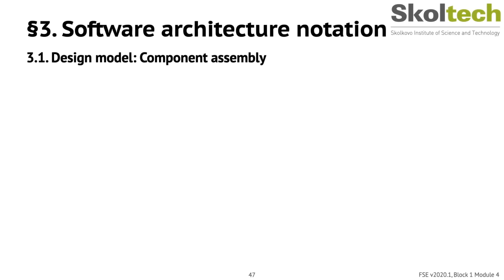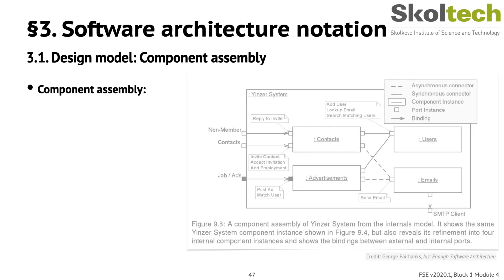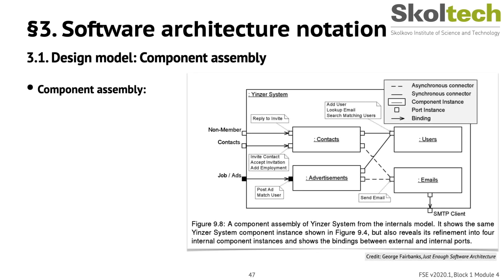Now, bearing that in mind, let's get back to our job advertisement system and look at a component assembly diagram. A component assembly diagram shows a specific configuration of the component instances. You have previously seen one special case of a component assembly, the system context diagram.